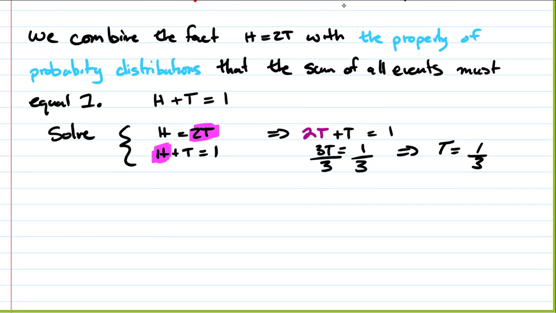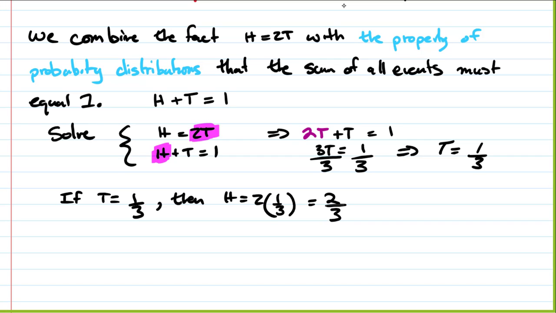So if t is 1/3, then h is equal to 2 times 1/3, which is 2/3.